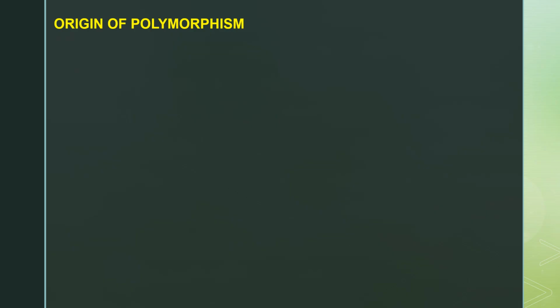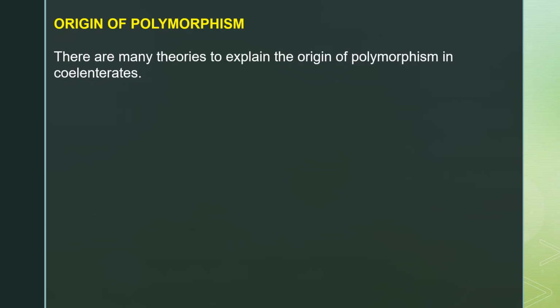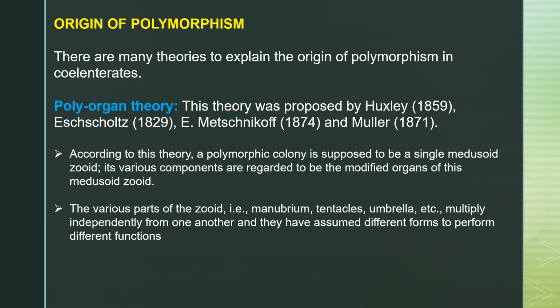Now let's discuss the origin of polymorphism. There are many theories to explain the origin of polymorphism in coelenterates. One is the polyorgan theory. This theory was proposed by many scientists in different time periods. According to this theory, a polymorphic colony is supposed to be a single medusoid zooid.